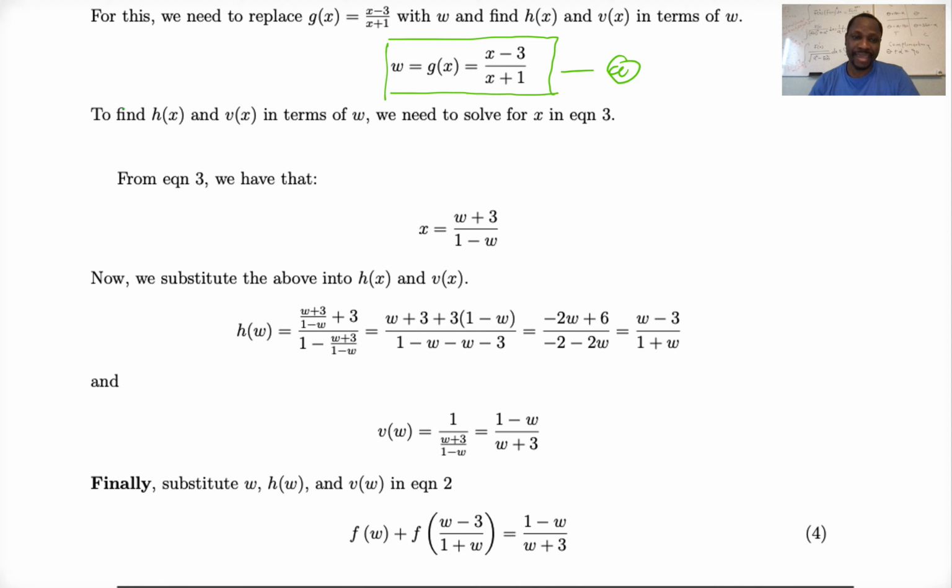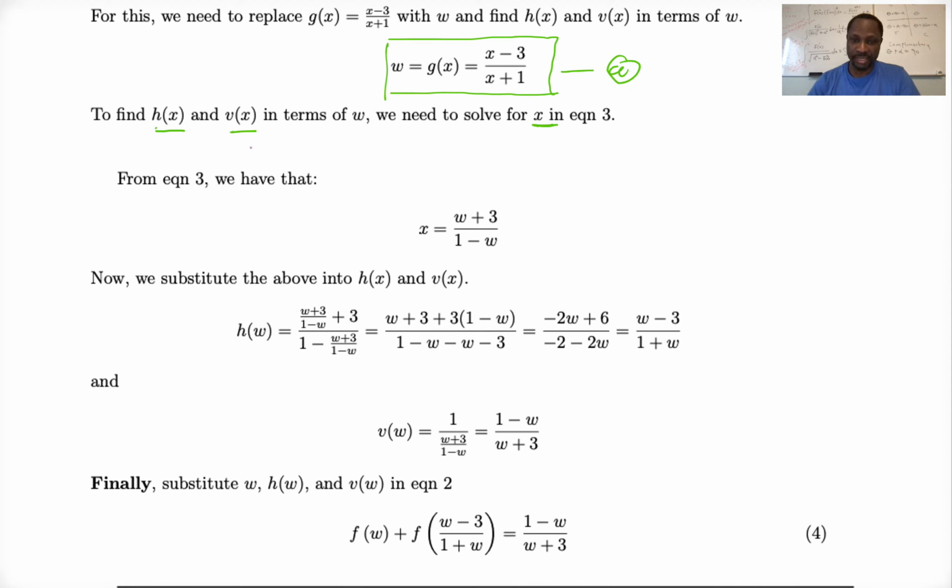From a, we find x, and when we find x, we are going to substitute it into the other parts of equation 1. The other parts of equation 1 are h of x and v of x. Remember, g of x has been replaced with w already. So we just need to find the equivalence of h of x in terms of w and v of x in terms of w.